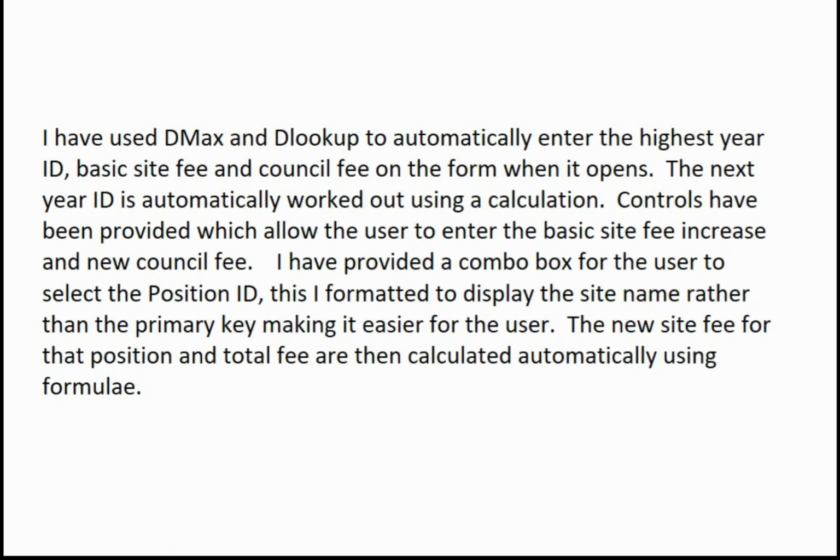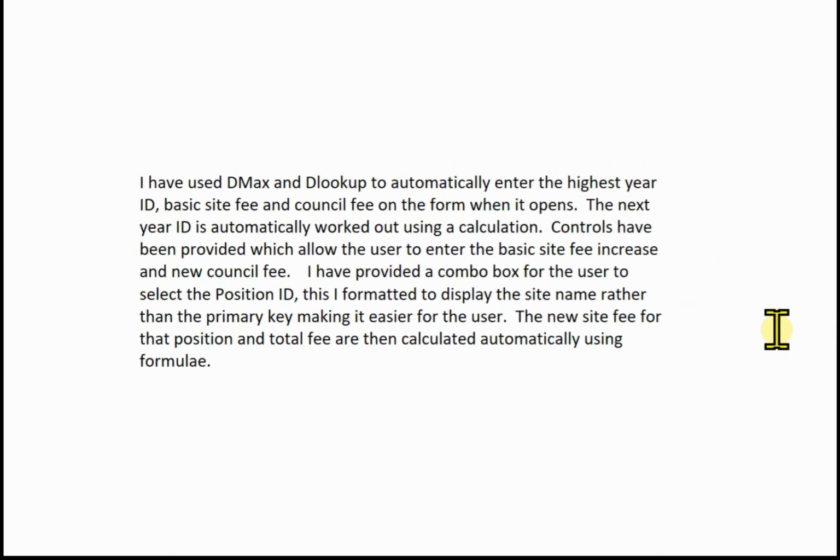Controls have been provided which allow the user to enter the basic site fee increase and new council fee. I've provided a combo box for the user to select the position ID. This I've formatted to display the site name rather than the primary key, making it easier for the user. The new site fee for that position and total fee are then calculated automatically using formulae.